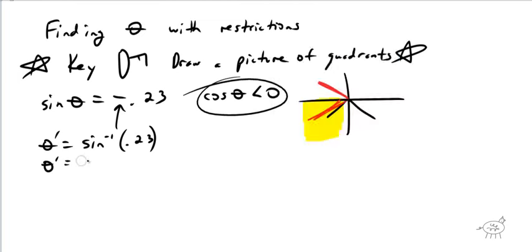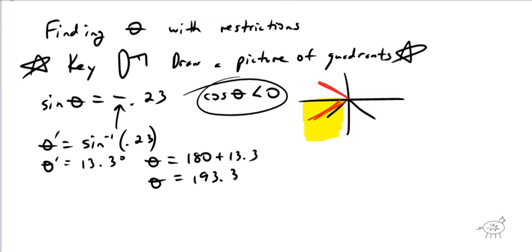So theta prime is 13.3 degrees. All right, and then of course we're in the third quadrant, so you're going to say theta is equal to 180 plus 13.3, so theta comes out to be 193.3 degrees.